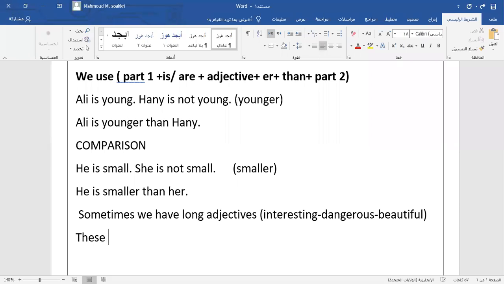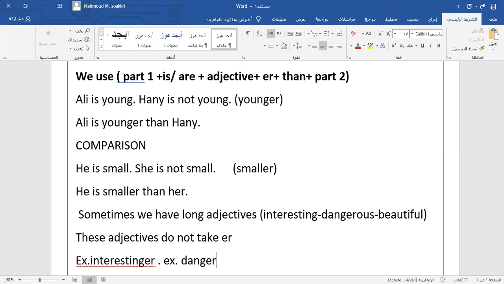These adjectives do not take er. For example, I can't say interestinger, and also I can't say dangerouser.